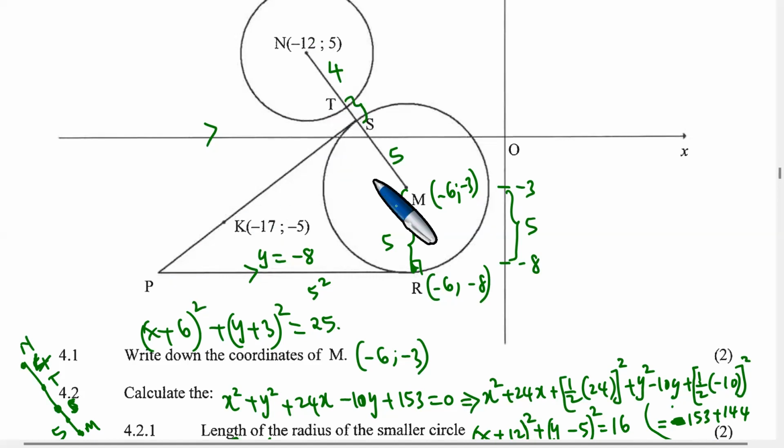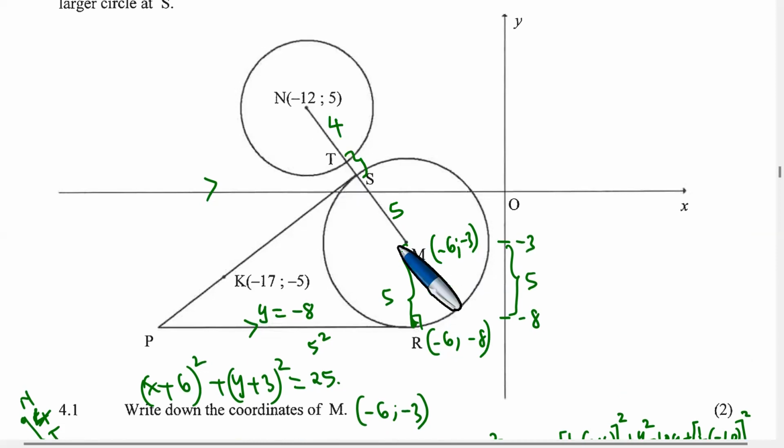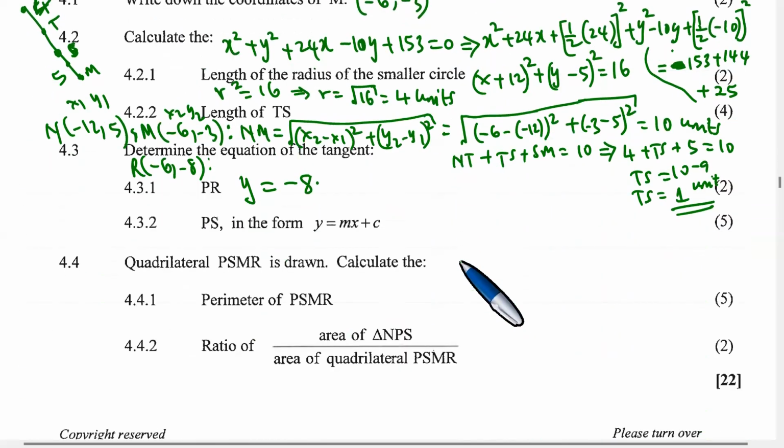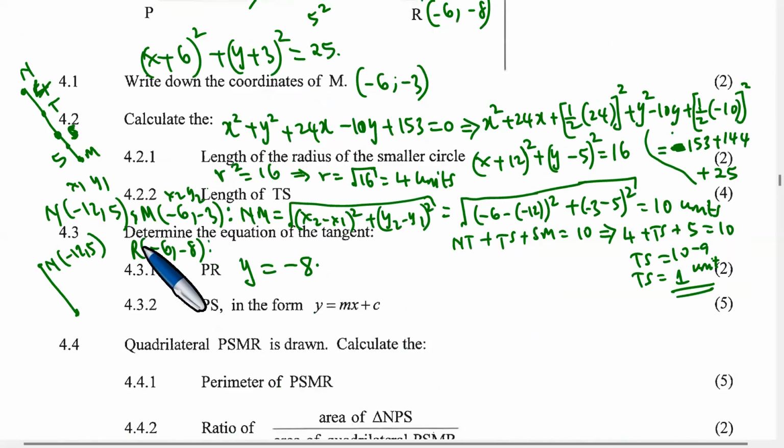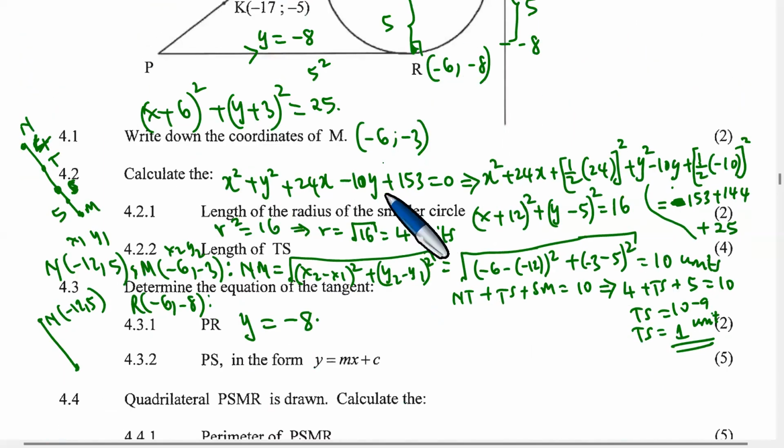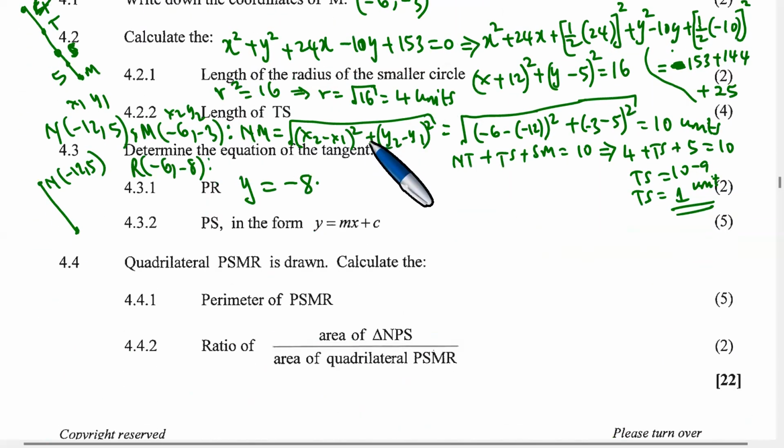But first we can easily find the gradient of NM. N has the coordinates minus 12, 5, and M has the coordinates minus 6, minus 3.